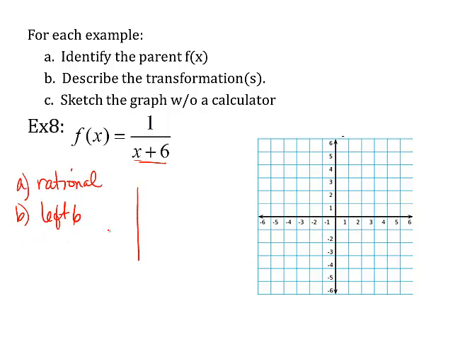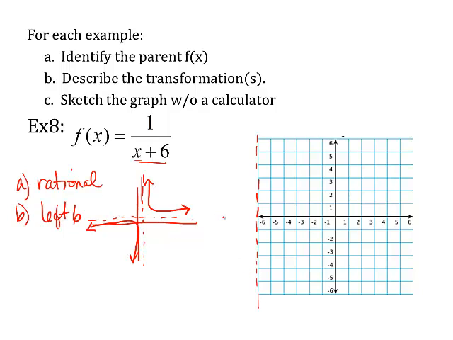Remember the parent function of my rational. It has an asymptote here at 0 and 0. And then it makes opposite L's. Now your asymptotes are your best friends when you're doing transformations because they're going to make all the changes for you. If I have to move left 6, then I take this vertical asymptote. It's no longer here at 0, but it's moving left 6 units.